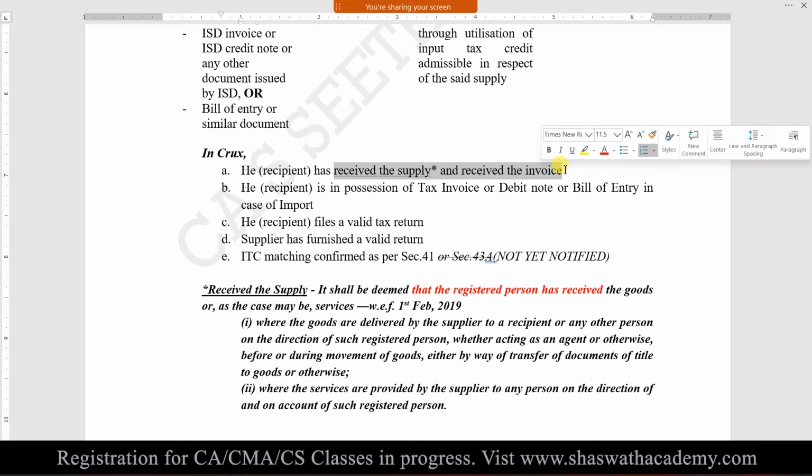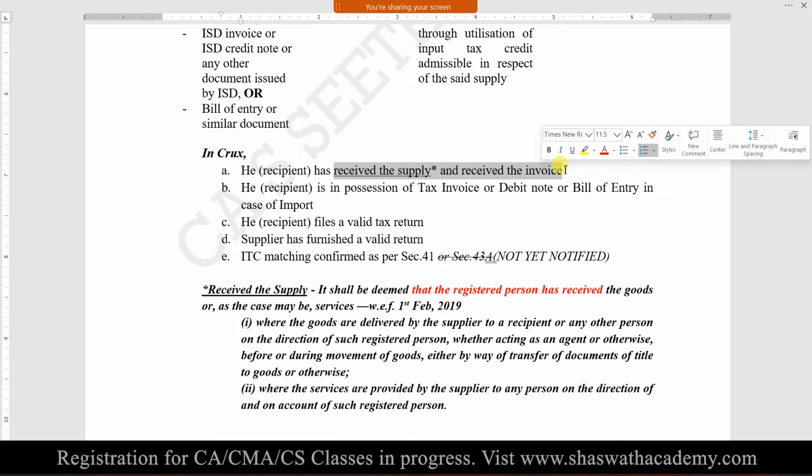That means a question comes. If I am going to ship you a particular good in 4 different installments, tell me when will you take credit? When will both conditions of received the supply and received invoice get satisfied? Upon first supply, second, third or last supply? Tell me, my dear, when the condition will be satisfied?